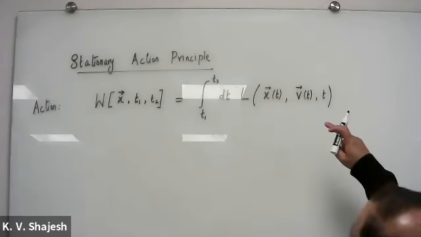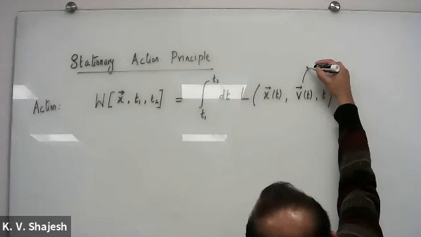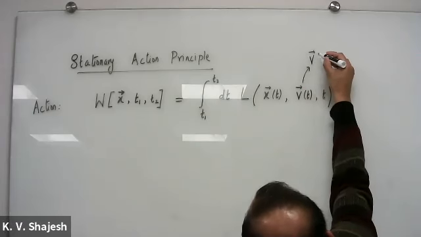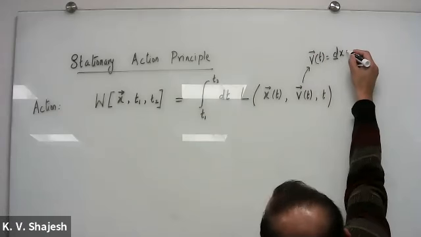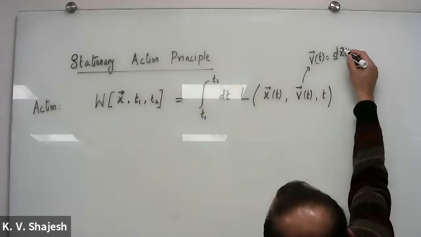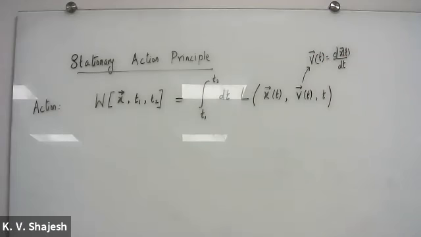And here there is a notation that the velocity is defined to be the derivative of x with respect to time. That's what that means.